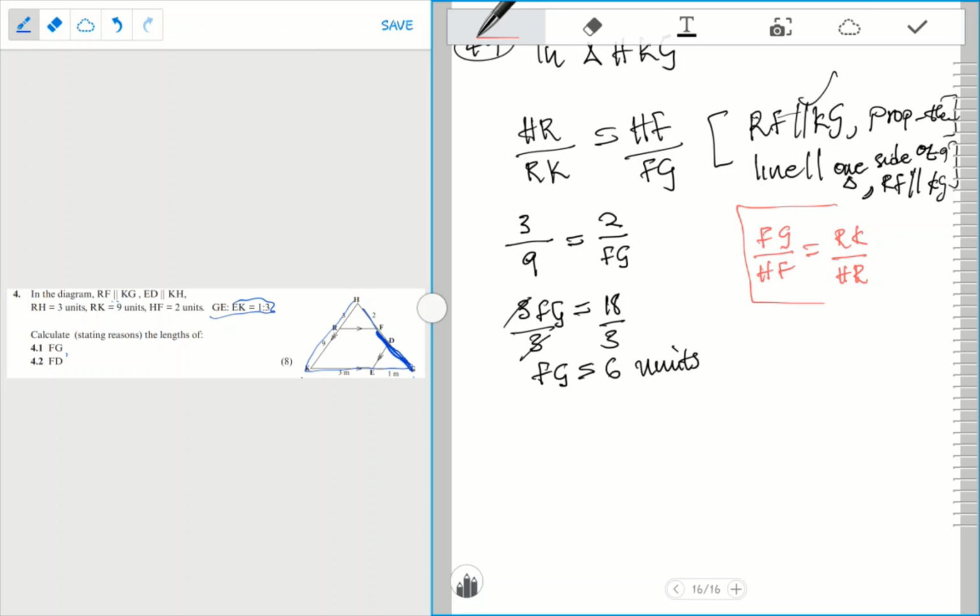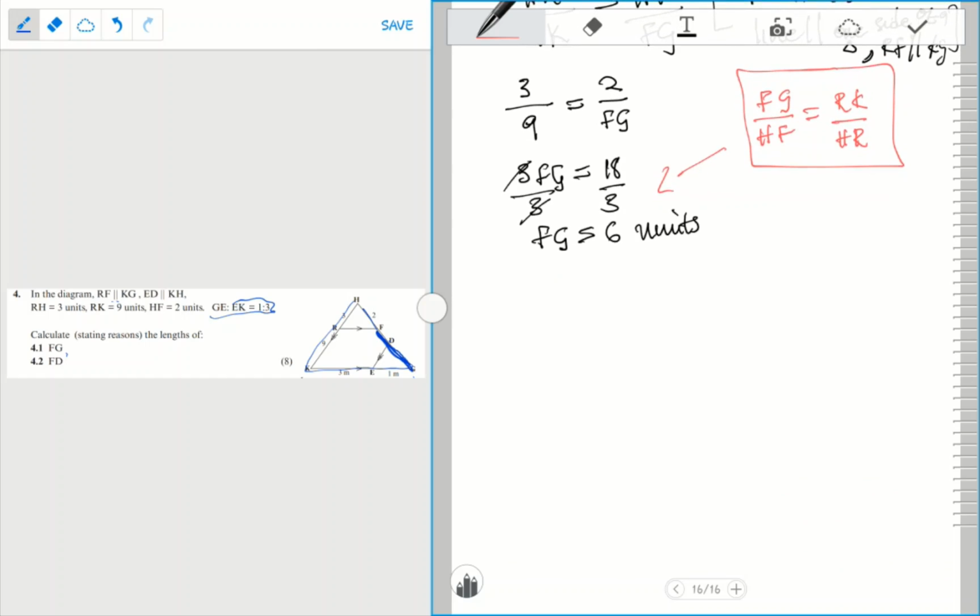Even if you use this one, you're going to get the same answer, which is 6 units. If you just substitute, you get the same value, which is 6 units.